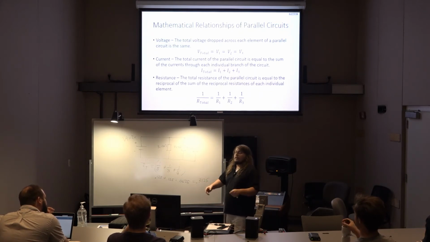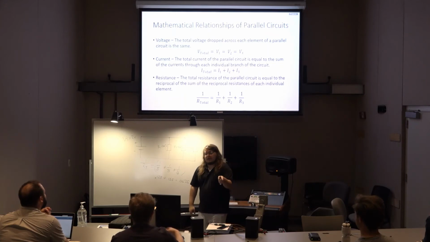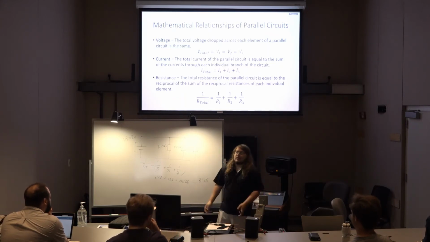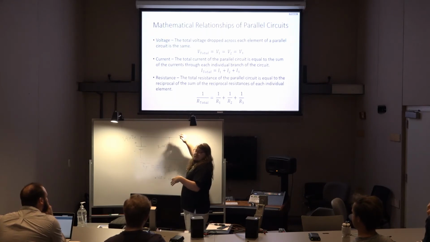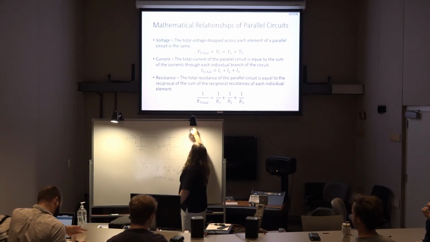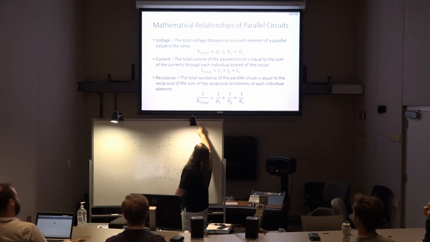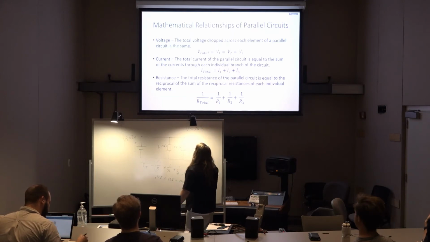So before we even go on and do any more math, we figured that out earlier with the speakers. But what's Ohm's law again? Voltage equals current times resistance, right?